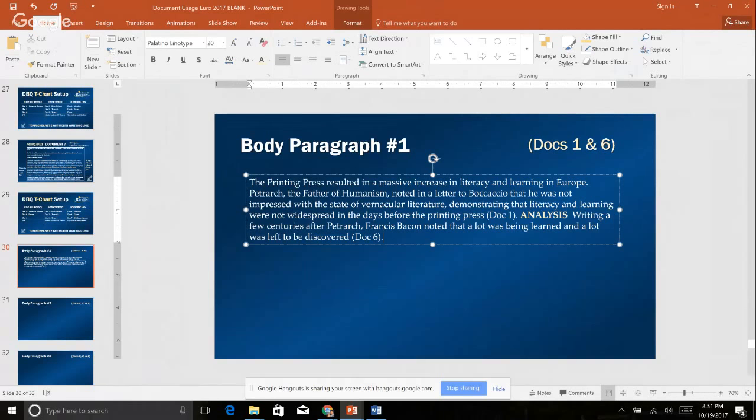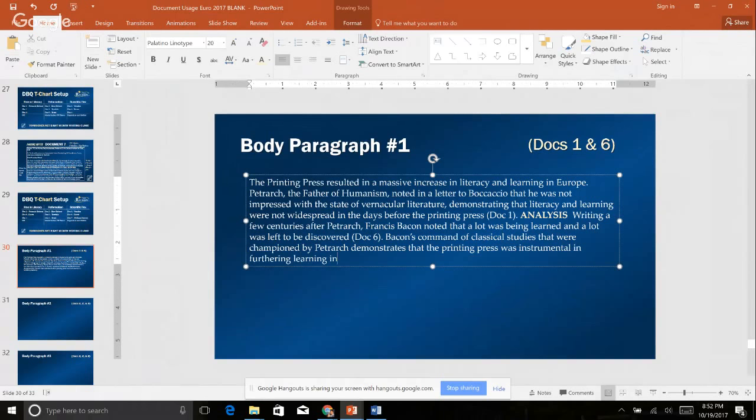Now then we could note here that Bacon's command of classical studies that were championed by Petrarch demonstrates that the printing press was instrumental in furthering learning in Europe.